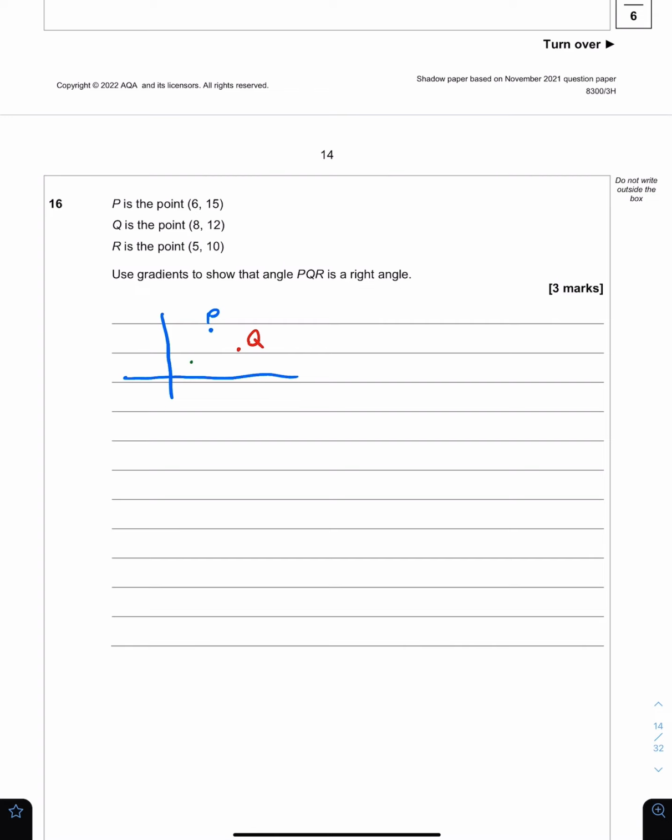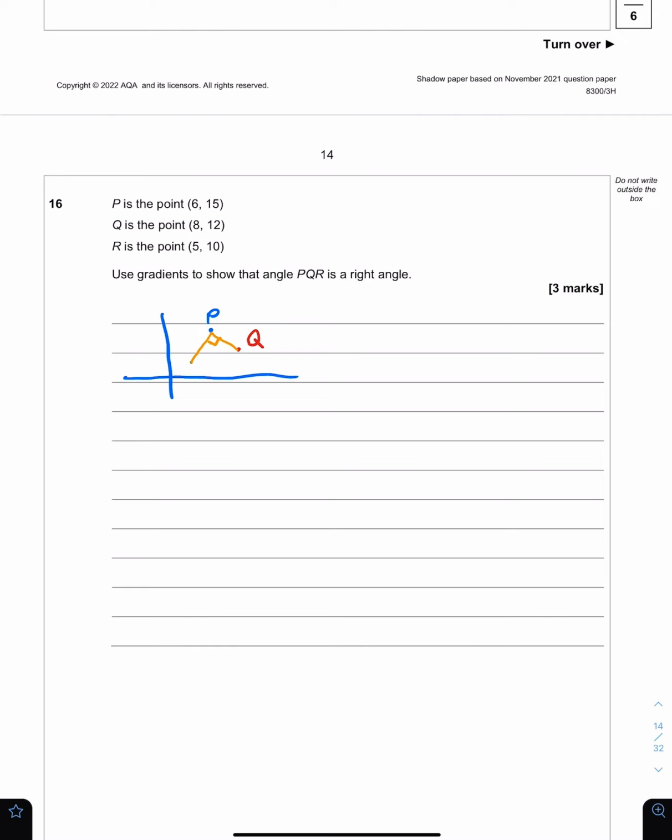And when we draw a line through it all, we want to show that this is perpendicular to this, hence it's a right angle, right? And the thing with perpendicular gradients is we have this whole negative reciprocal, or the gradients of two perpendicular lines multiply to minus 1. Gosh, multiply to minus 1.